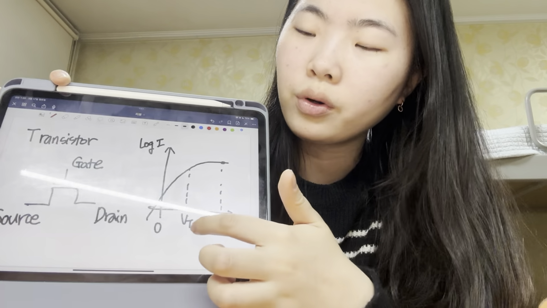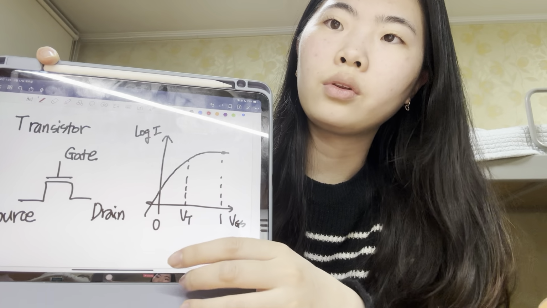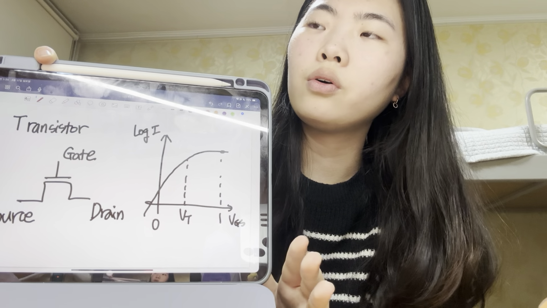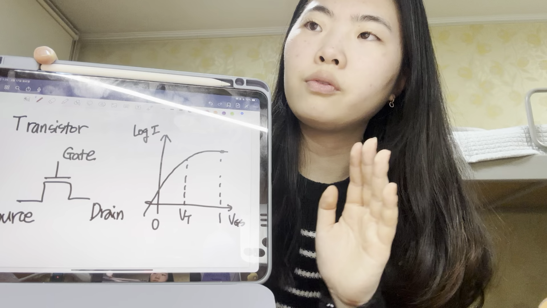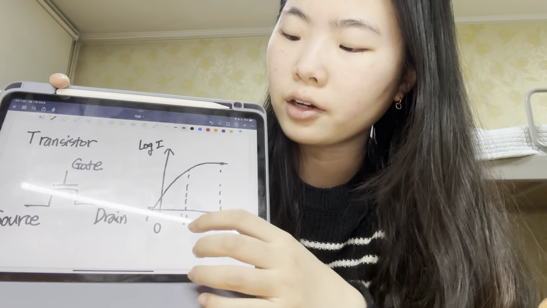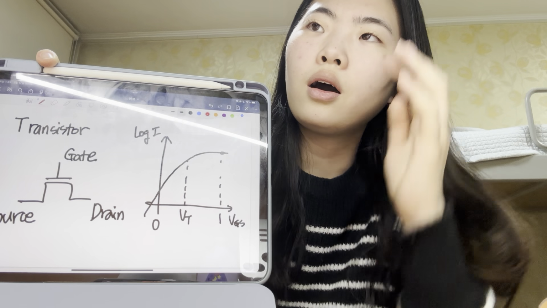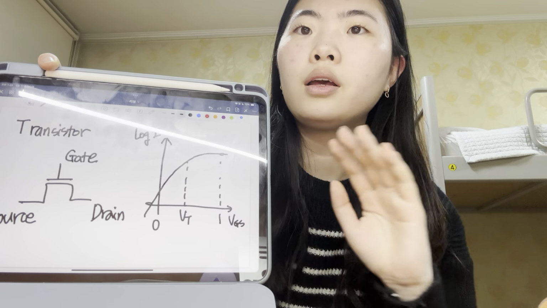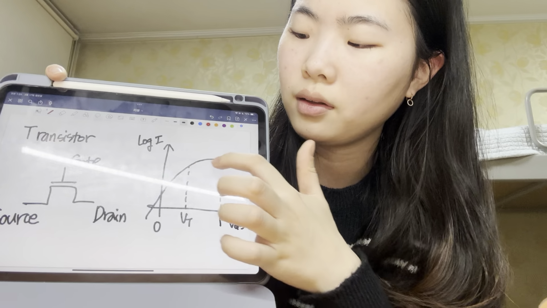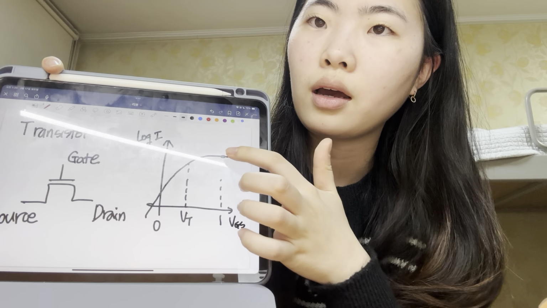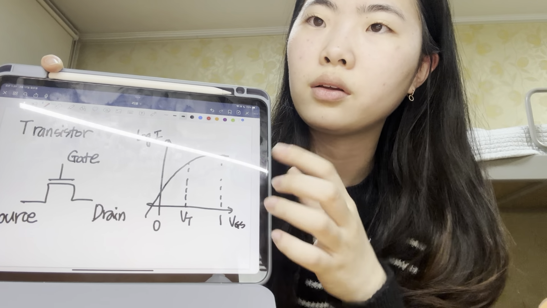Before the VT is the off state of the transistor, so current flow is very low. But after the VT, the current flows very well, and this is the real current flow in the transistor.